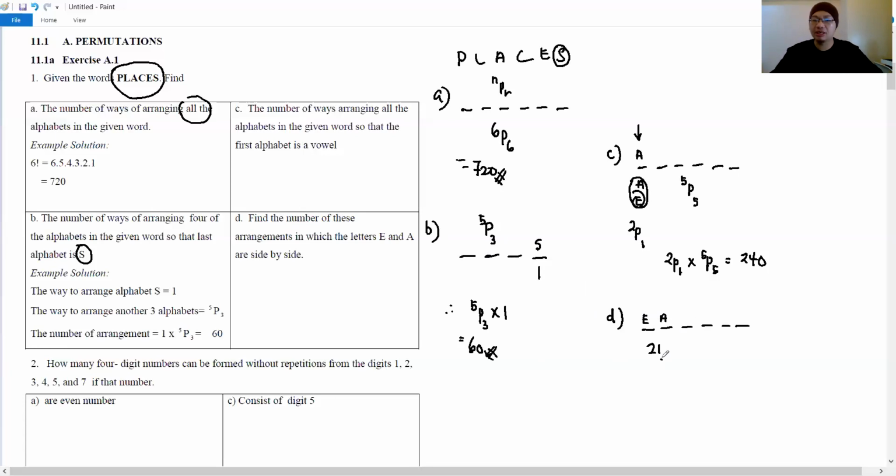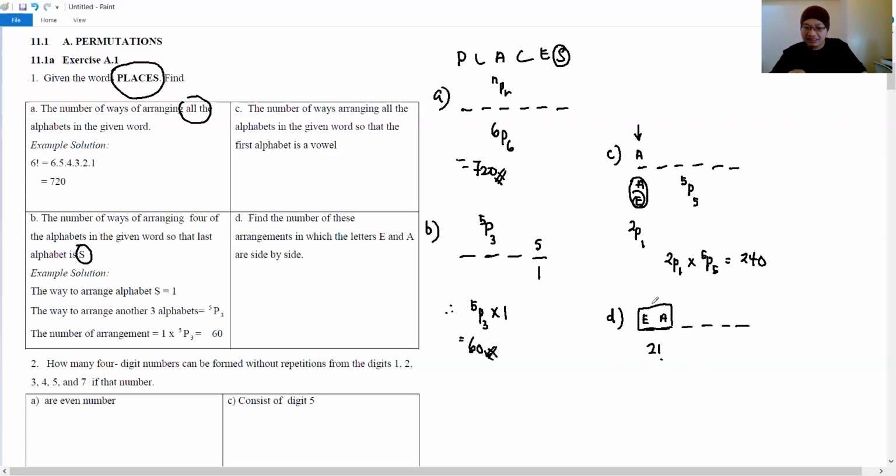Why 2 factorial? Because to arrange E and A, it can be E and A, and sometimes it can also be A and E. They are shifted, right? EA or AE. That's why 2 factorial. That's number 1. Number 2, what we need to do is put all this E and A inside one box.